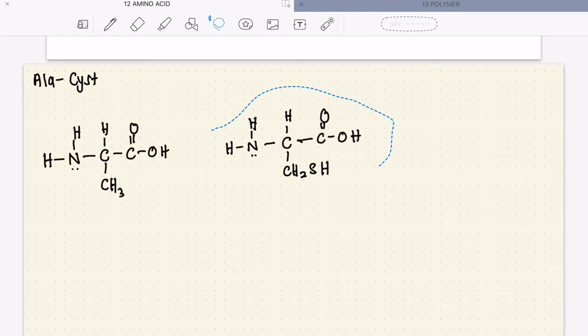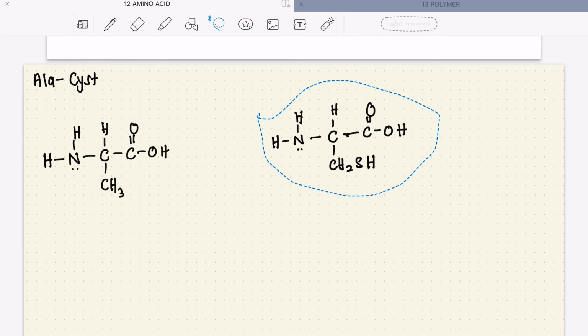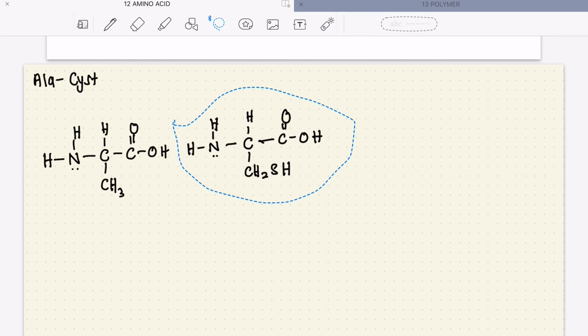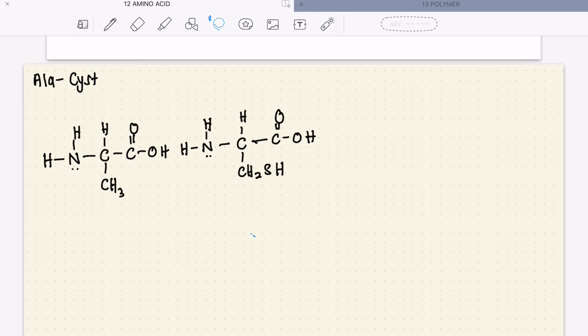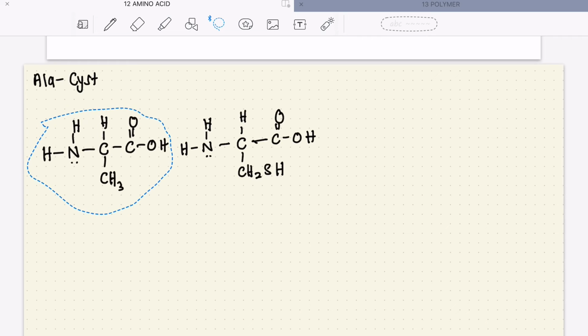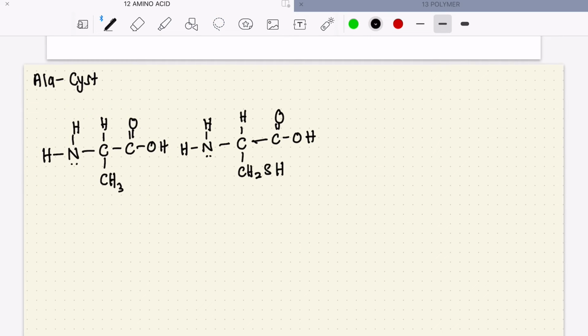Let's move them closer, like this. This reaction will produce, as we remove the water here, the dipeptide.